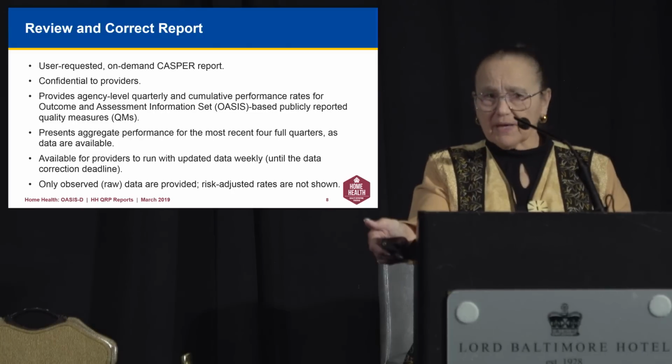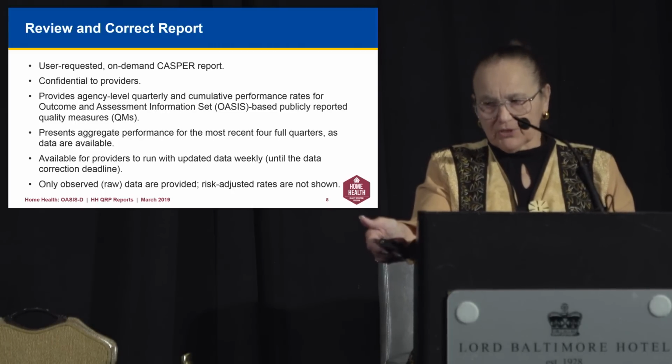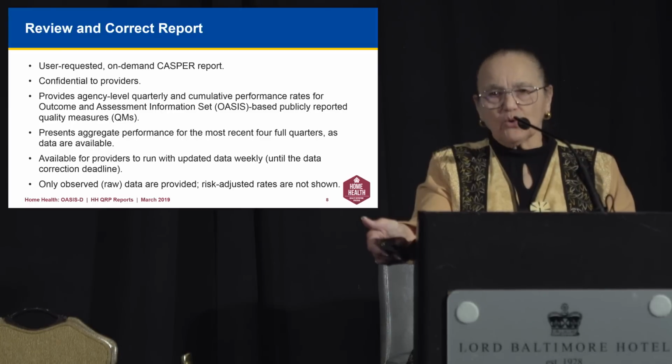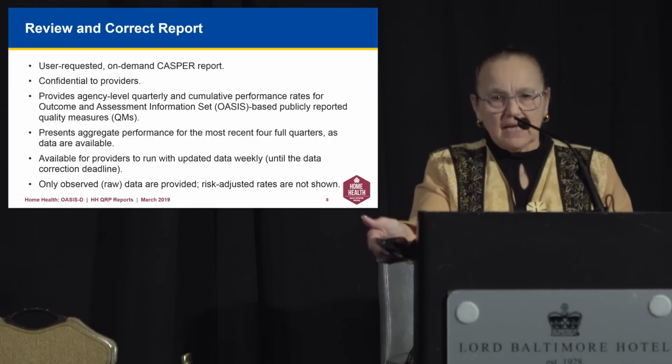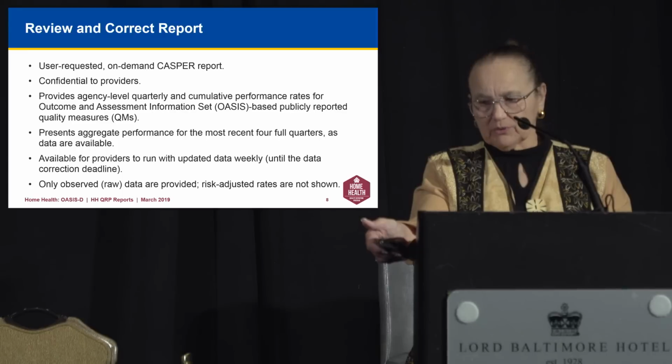So we've talked about these measures all day, but this is where you're going to have an opportunity to look at your performance rates. This gives you aggregate performance. What does that mean? It's being brought together so that you can look at the most recent 4 quarters as the data is available to you.